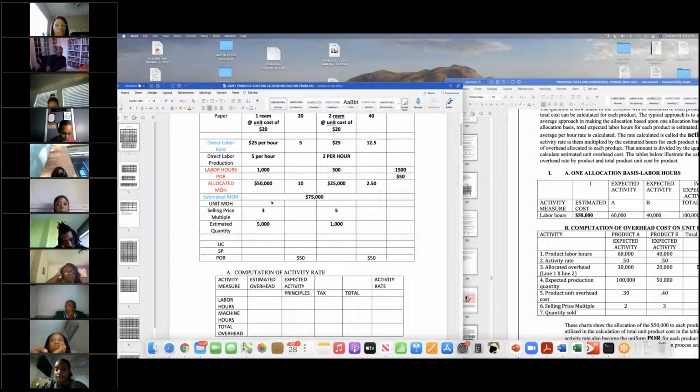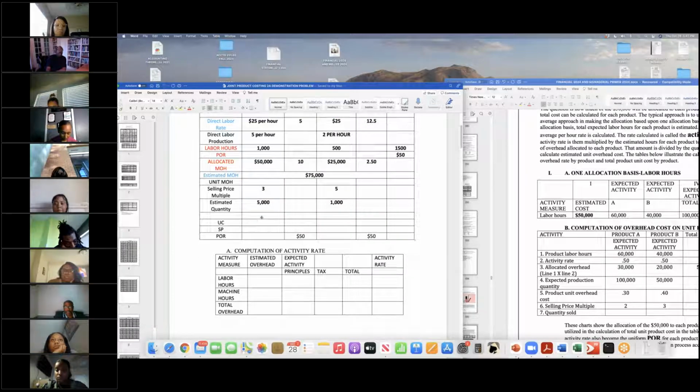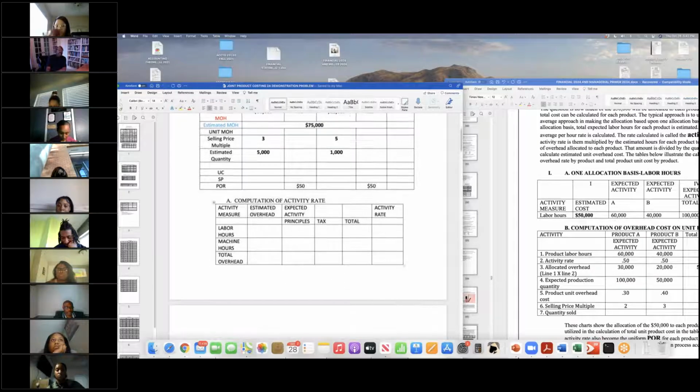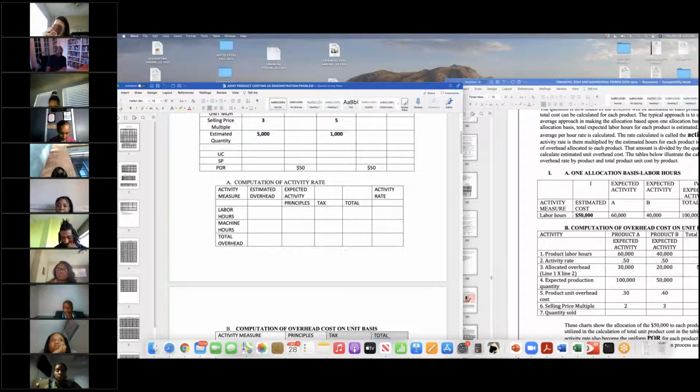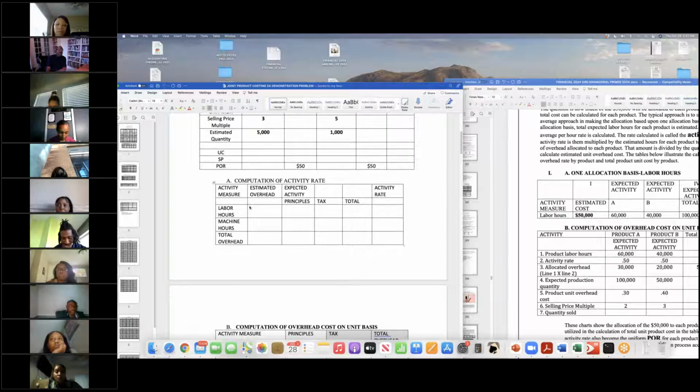Okay. Then you go through the table. The goal is the same thing, to come up with the unit cost, selling price, and POR. That is still the goal. So we've got to use this chart to come up with our activity rate.